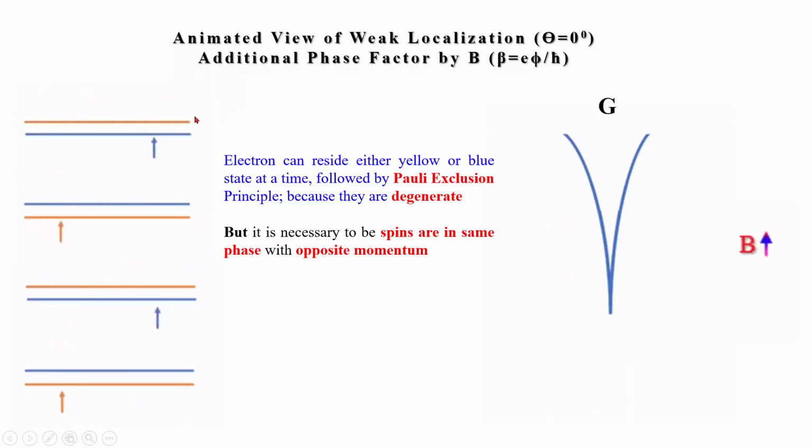Either way, the electron can reside in yellow and blue, but in the spin up or in the spin down. Similarly, the electron can be in yellow and blue but in the up spin.